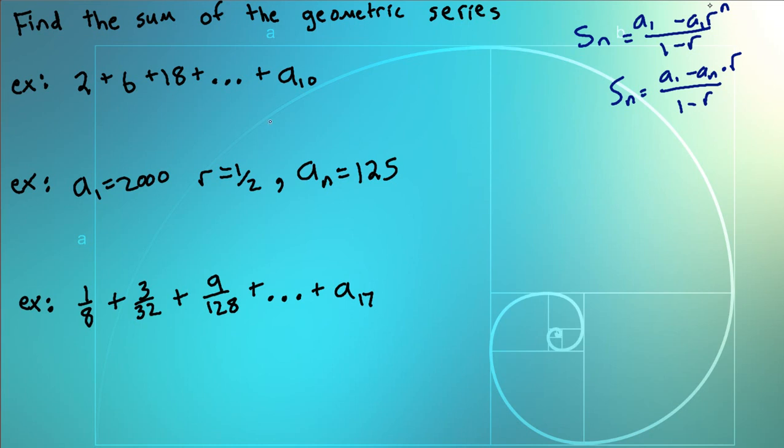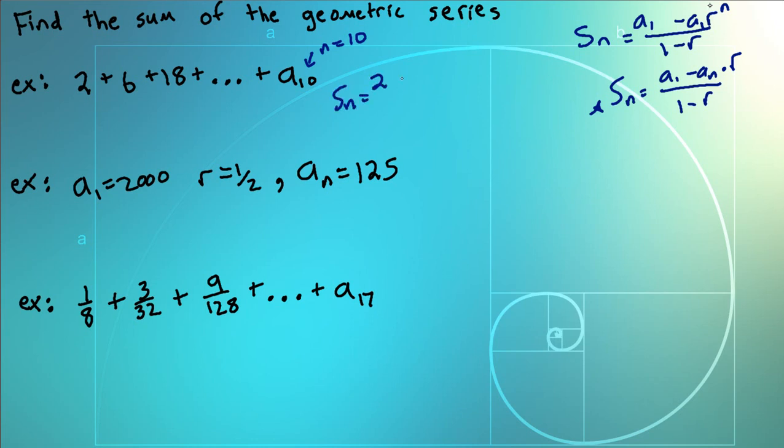So in this one, we want the last term, but we don't know what it is. But we do know n equals 10. Now, we could find that last term and use this formula right here. But I think it's easier just to use this one up here, that first one.